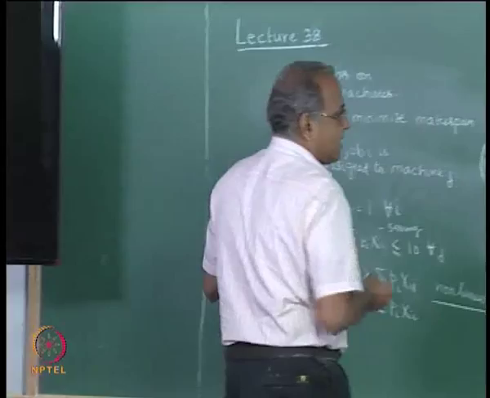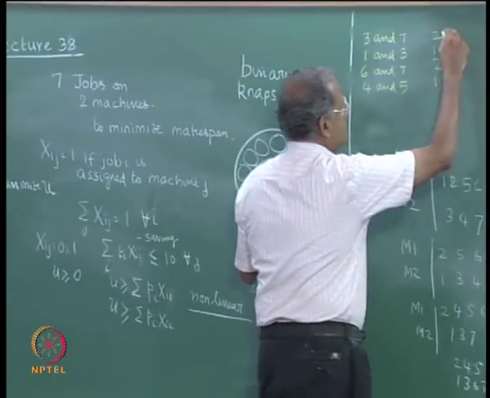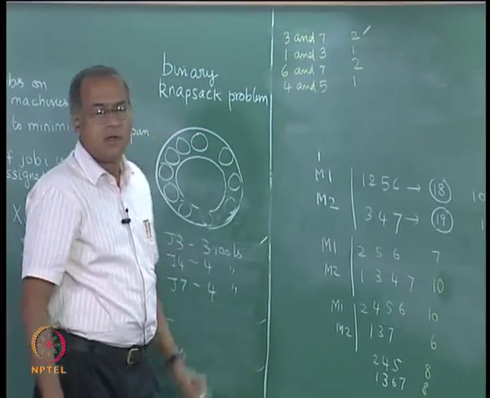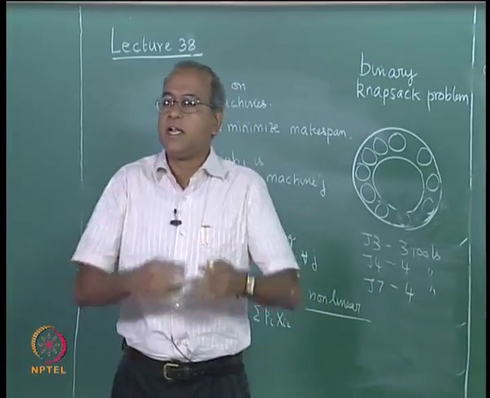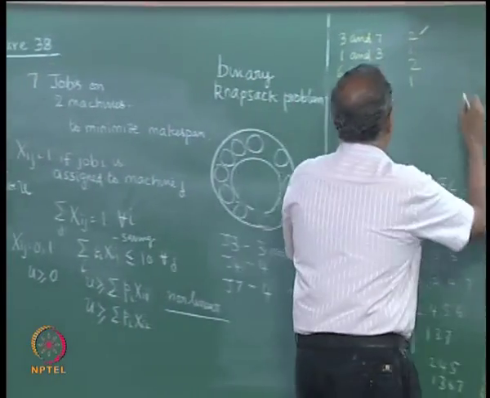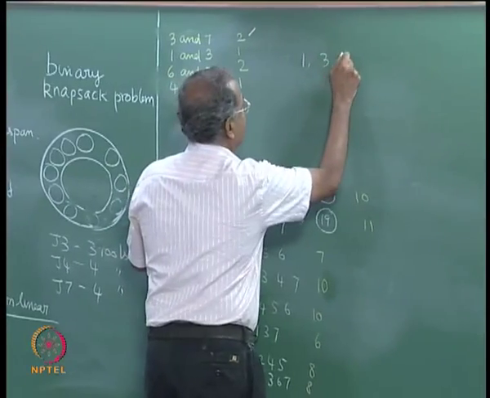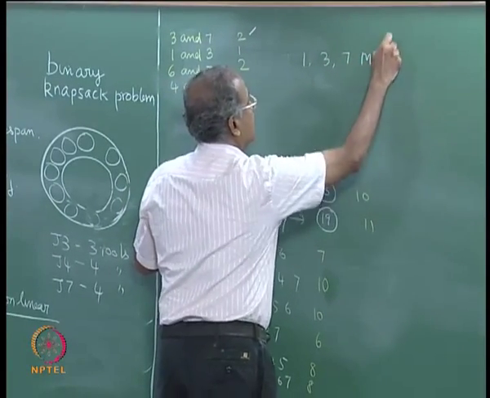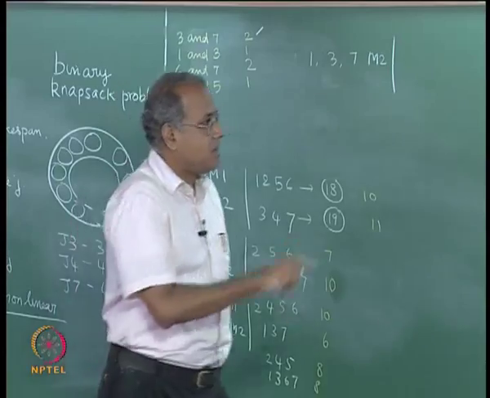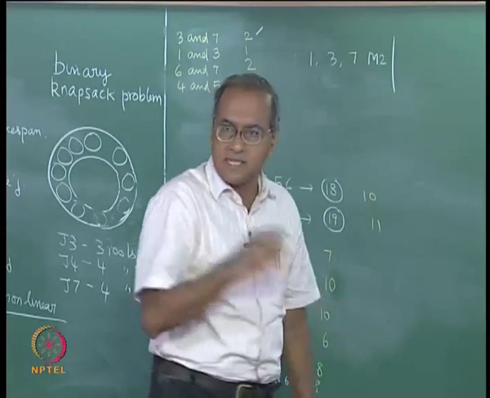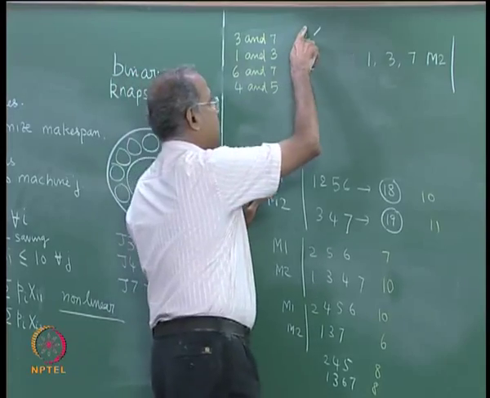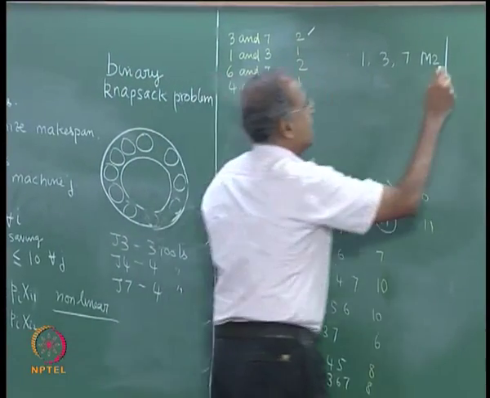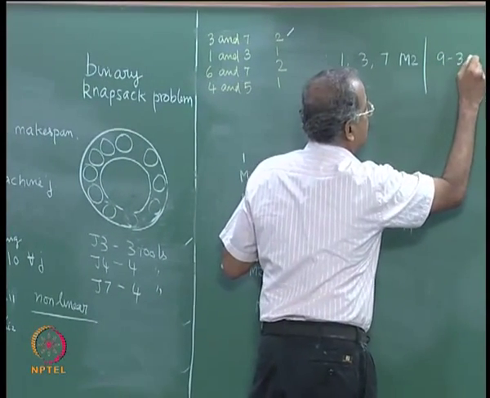Now we could say that 3 and 7 give us a saving of 2, 1 and 3 could give us a saving of 1. In our calculation, if we put 1, 3 and 7 on the same machine, we will go back and say 1, 3 and 7 require 9 tool slots. There is a saving of 2 here, there is a saving of 1 here. So, 9 minus 3 is equal to 6.